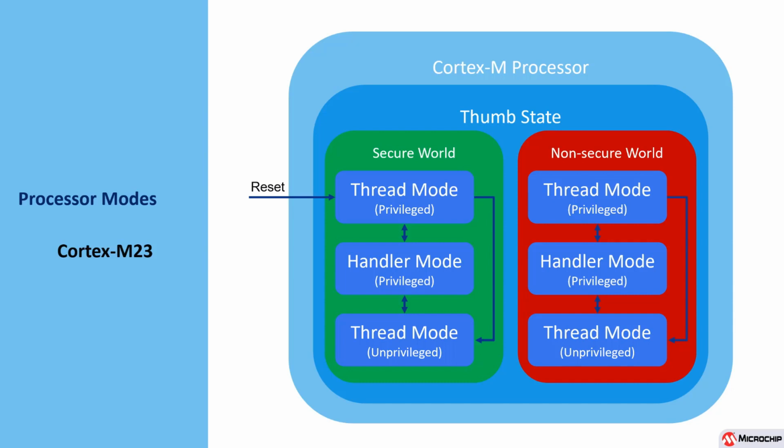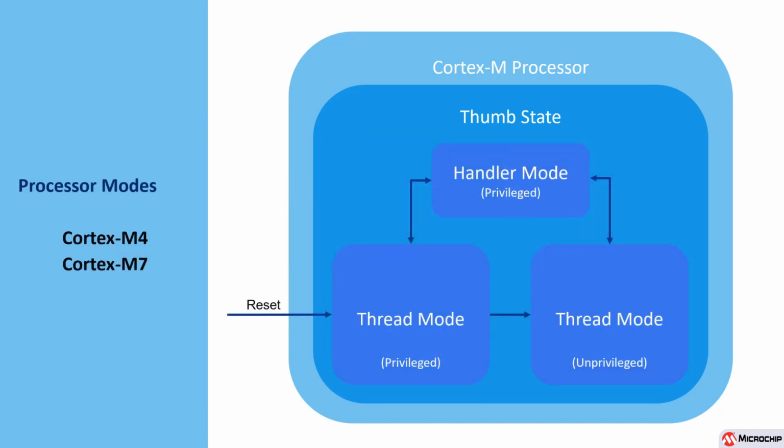We will go into what all the transitions are between worlds in the Trust Zone section, but just know that not only do you have two worlds, each world could even have its own real-time operating system running within it and take advantage of additional privilege levels to make sure that things continue to run and are handled safely. But like I said, we'll go into much more detail in the Trust Zone portion of this.